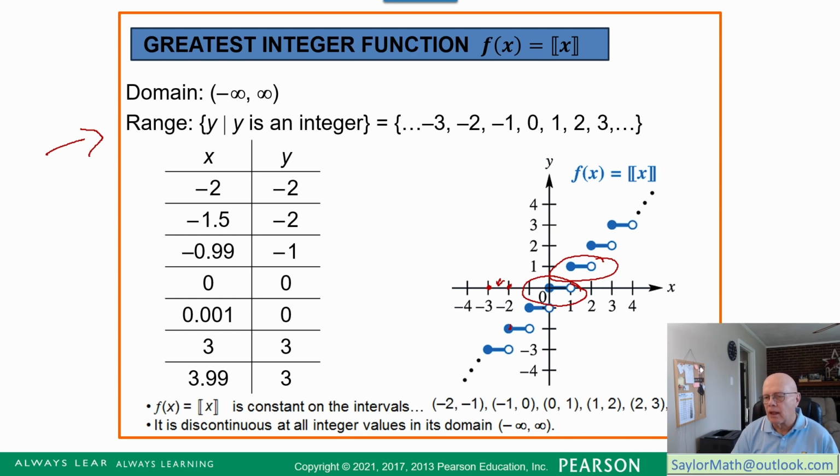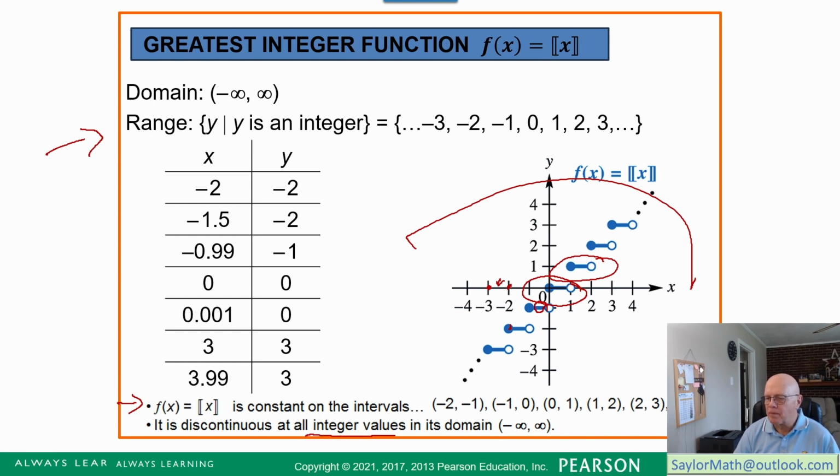Notice a couple of things. It's constant and continuous inside some of these intervals. From there to there, it's continuous. But as a whole, it's definitely not continuous because you have to keep lifting your pen to get to the next section.